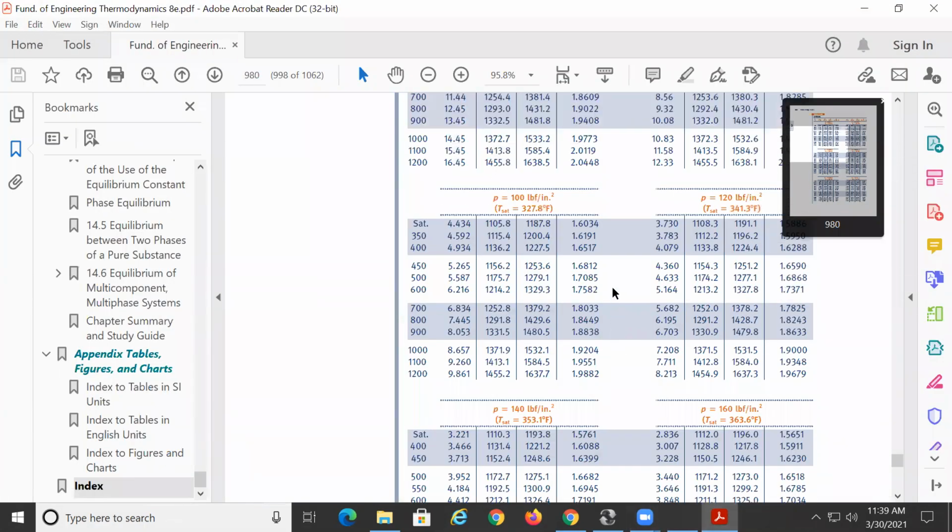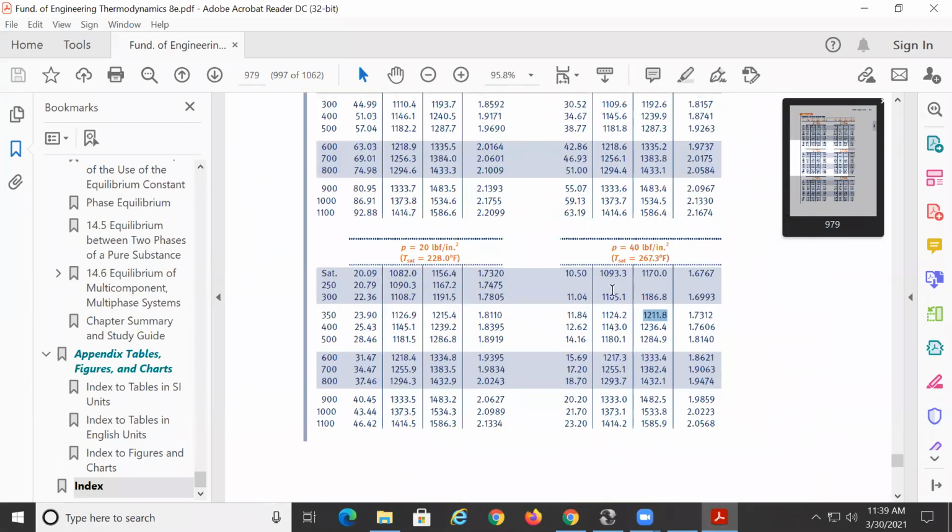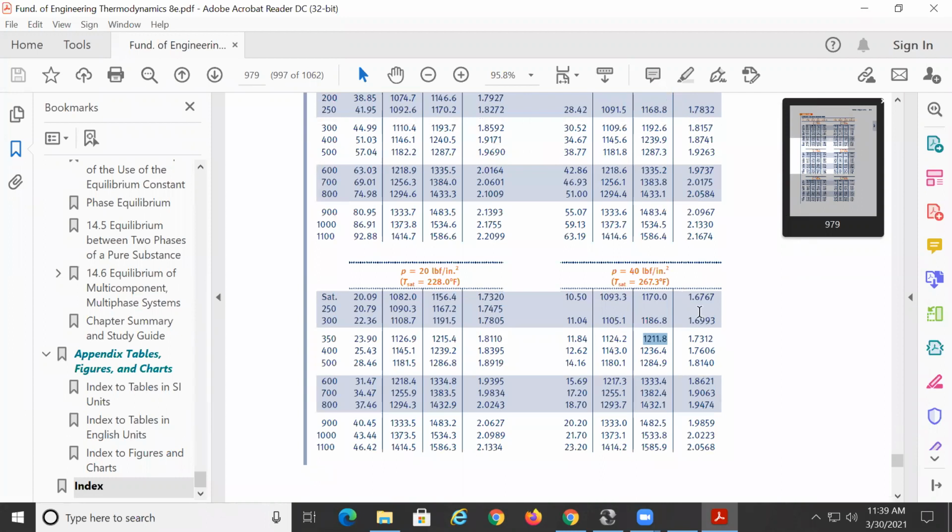So we know 40, so we need to go to 40 here now. And what do we have? 1.7191. So that means we are between this value here and this value here, no? Okay, so we need to interpolate.